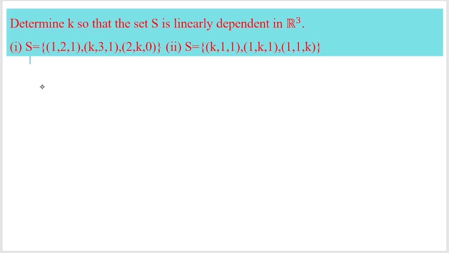Now this problem says we need to determine the value of k for which the set S is linearly dependent. Now again I will follow the matrix procedure and I will form a matrix with the help of these vectors.